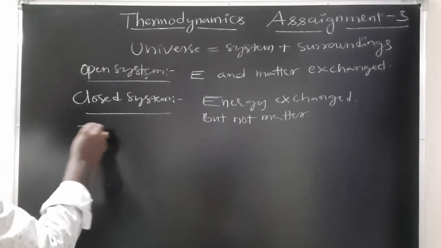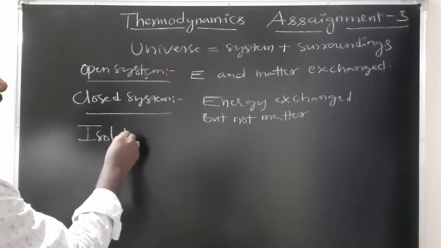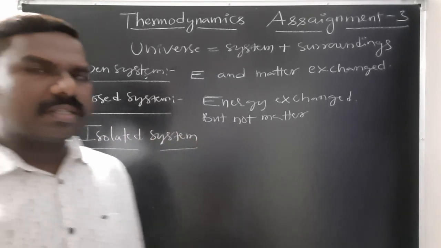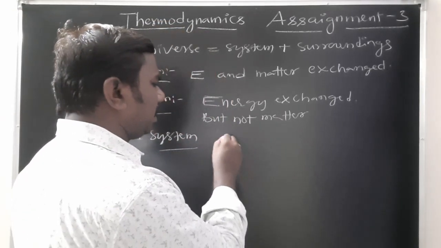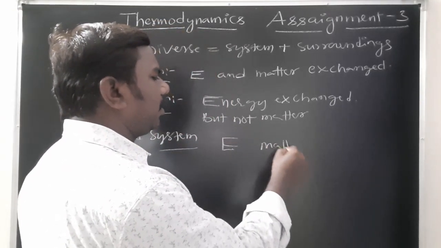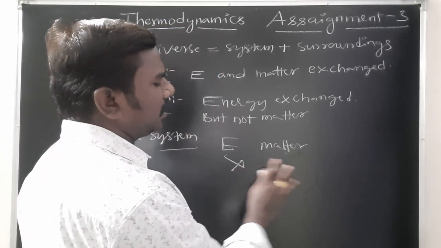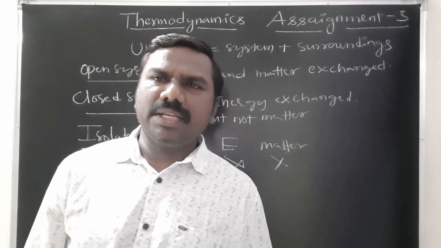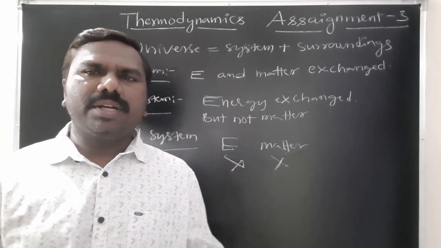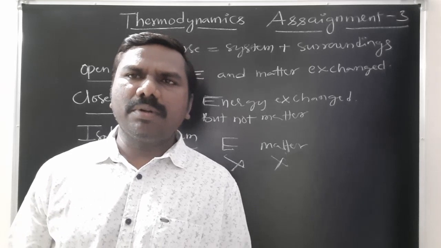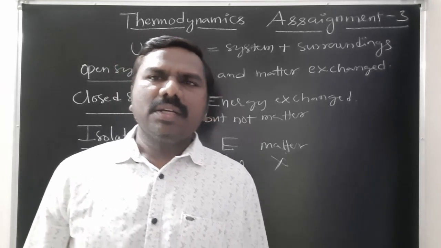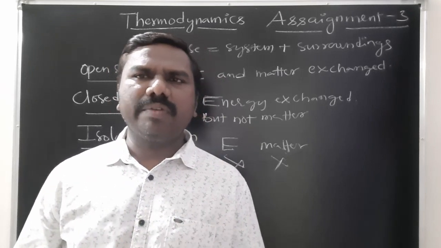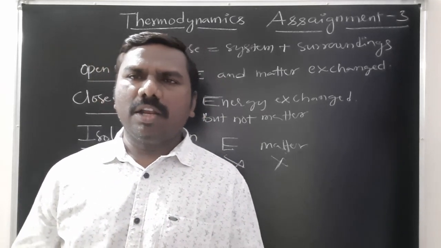Next, isolated system. Isolated system means the system in which neither matter nor energy is exchanged. For example, a thermos flask: when you take tea in a flask, the heat will not be lost, and the matter, nothing but the tea or coffee present in the flask, will not be lost or gained.